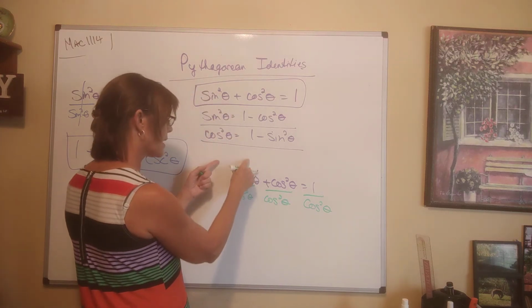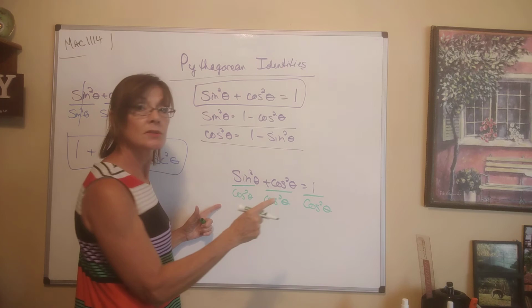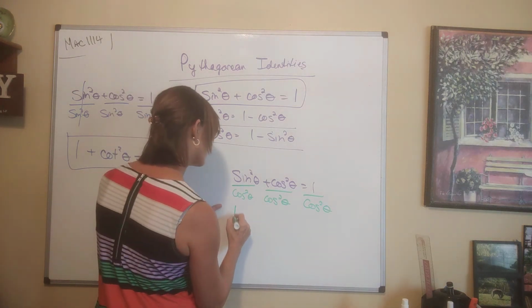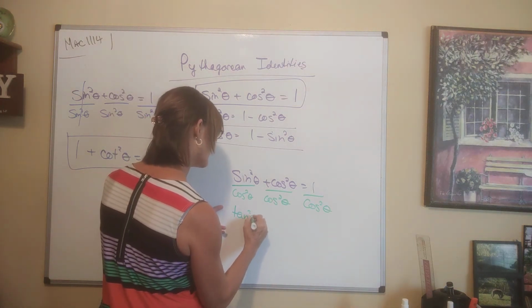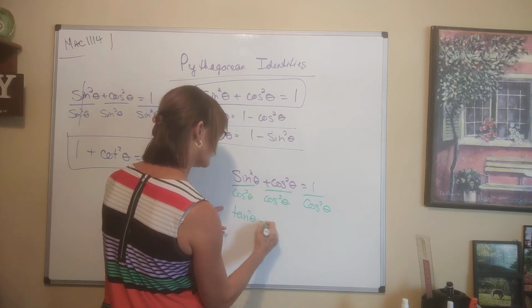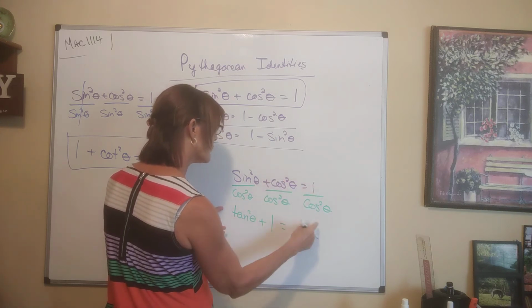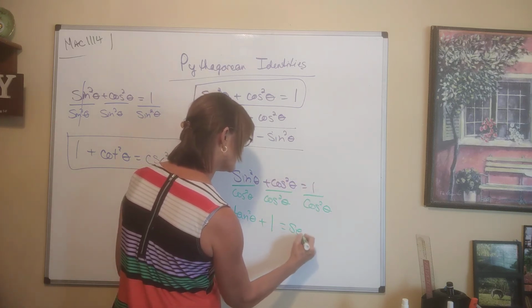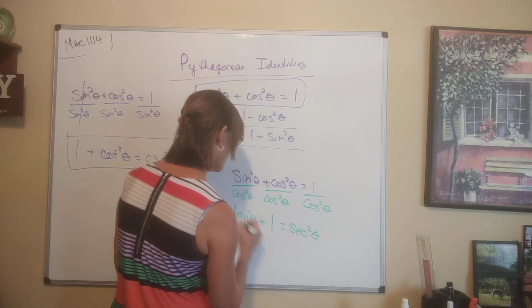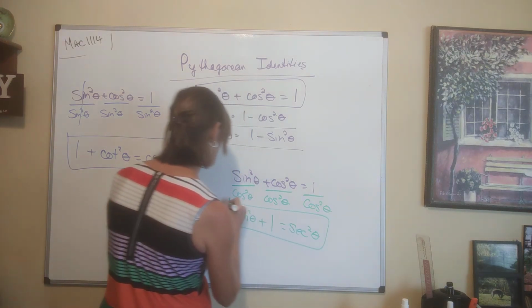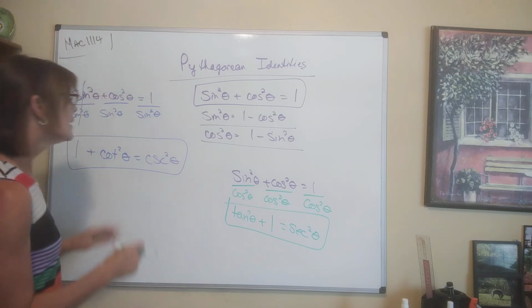And so then I have sine over cosine. I know that's the tangent of theta, and this is being squared, so we get the tangent squared of theta. Cosine over cosine is 1. 1 over cosine is secant, but it's being squared, so it is equal to the secant squared of theta. And so this is the other Pythagorean identity.